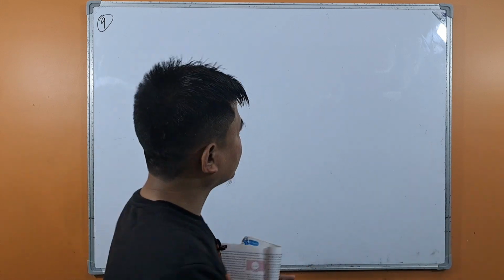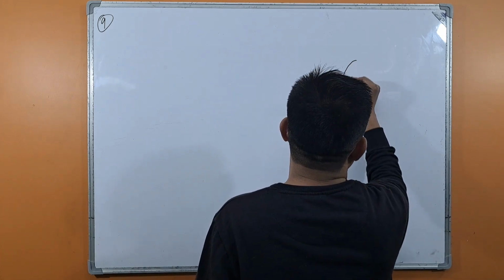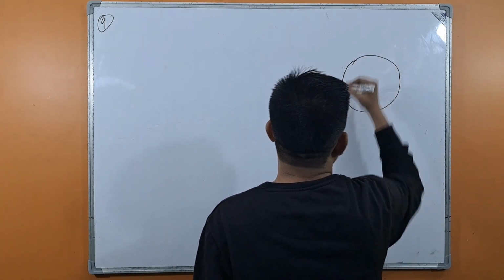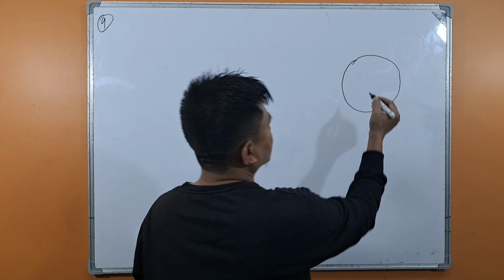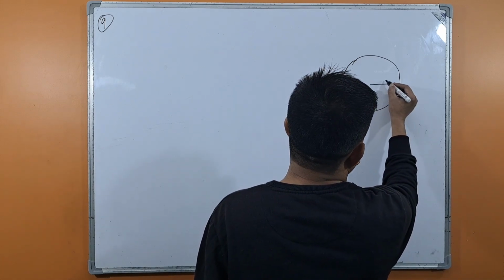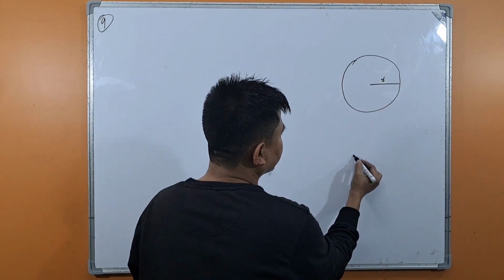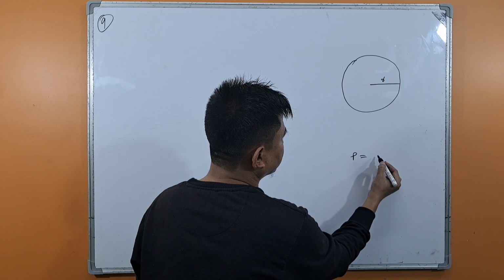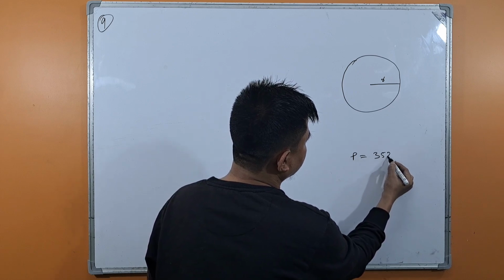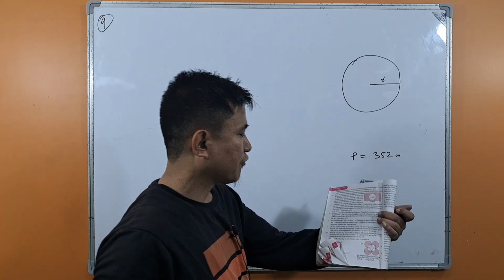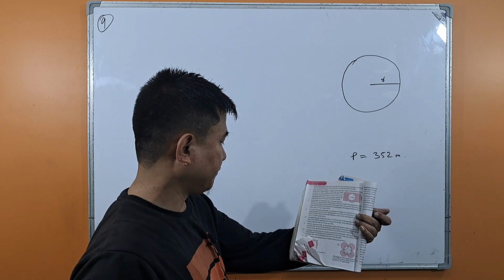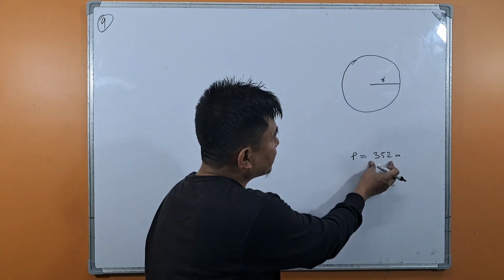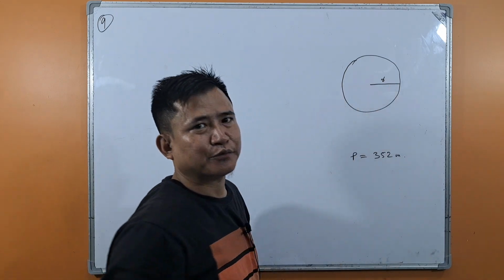So let's understand the question. We have a circular park whose radius is unknown to us. So let's assume small r. But the perimeter of this circular park is given to us. Perimeter is 352 meter. From this perimeter we can easily calculate the radius of this circular park.